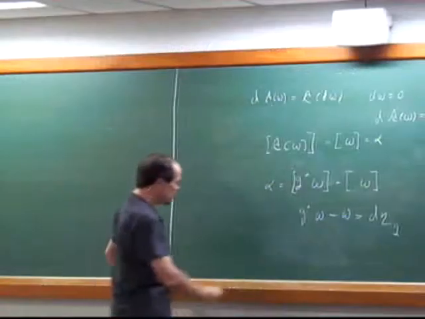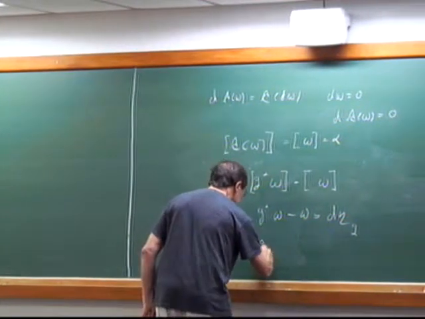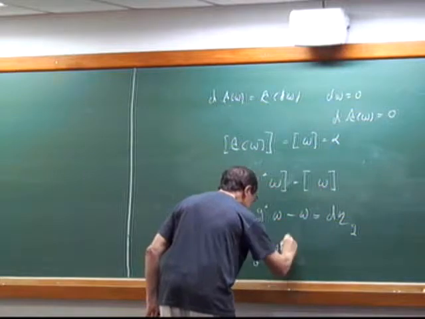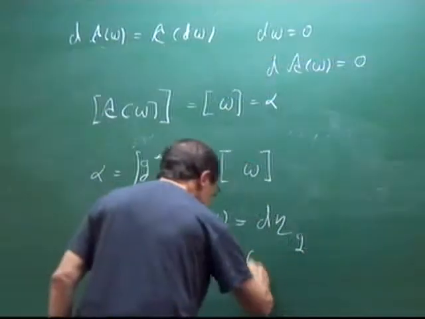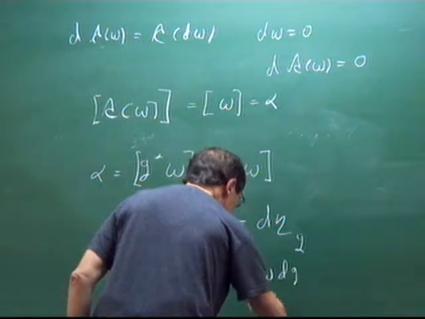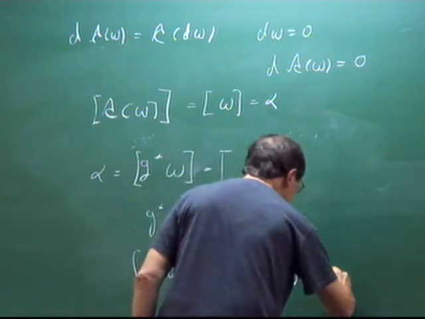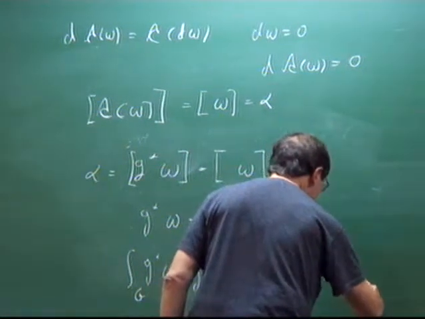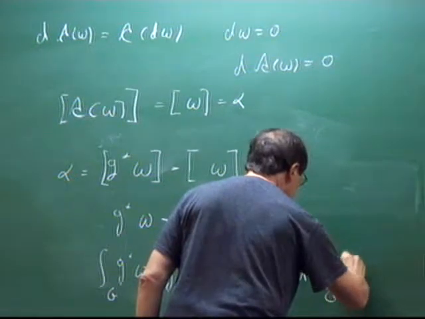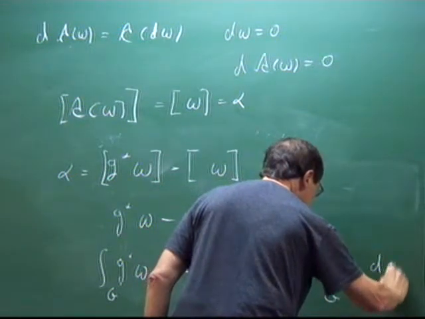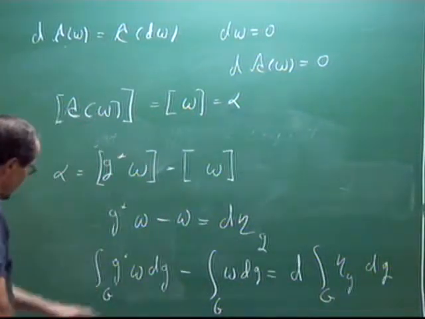And now I can integrate over g. And again, d commutes with the integral over G of eta g dg. That's my average here.